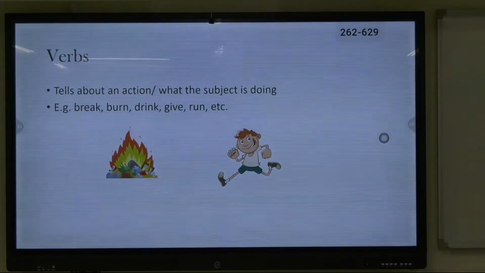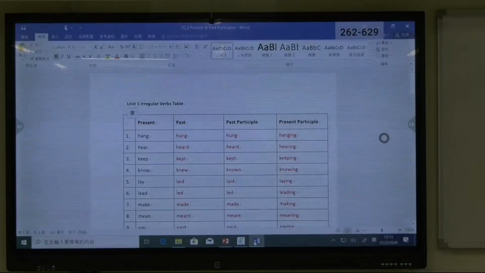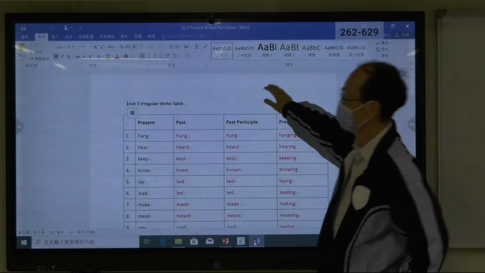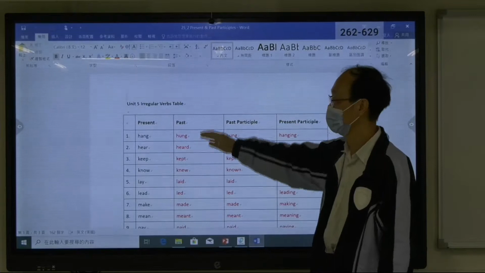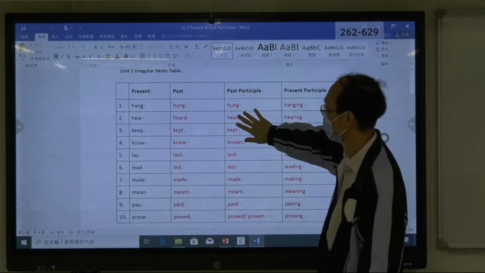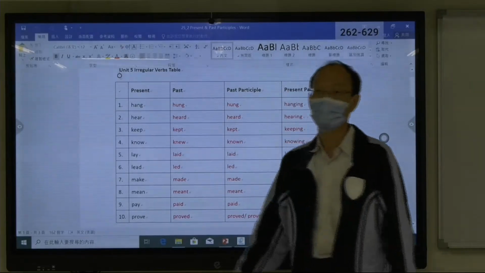Look here. I took this from your worksheet, Unit 5, where this irregular verb table is.